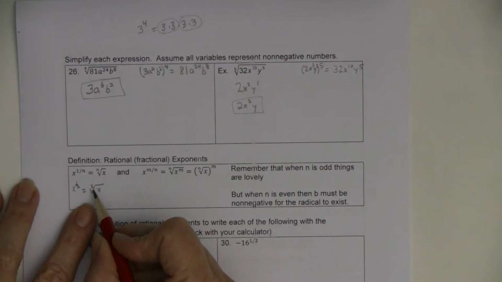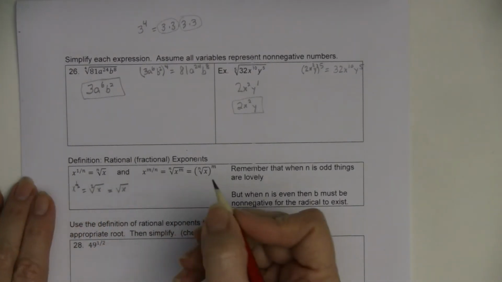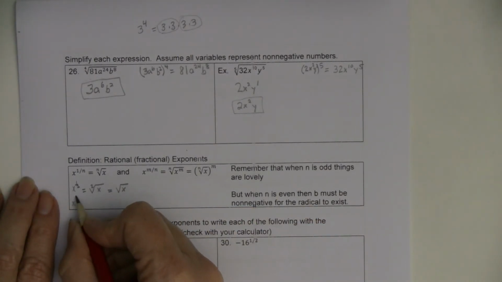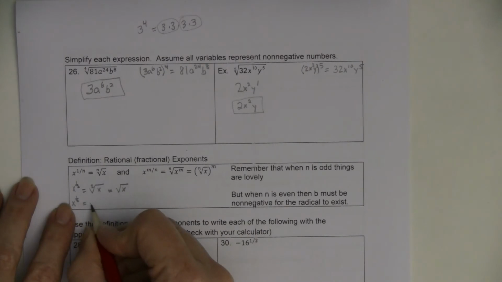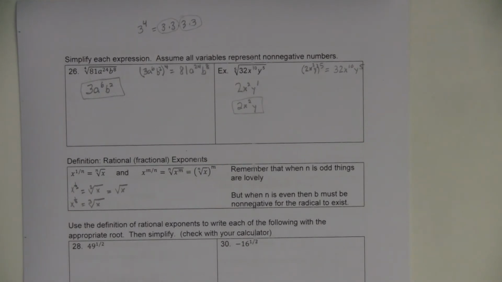And when it's a square root, I don't have to write the 2. I can just write it like this, the square root of x. And so x to the 1/3 would be the cube root of x. And I would need to write the 3 in the index. I couldn't stop writing the 3 in the index like I do for the 2.